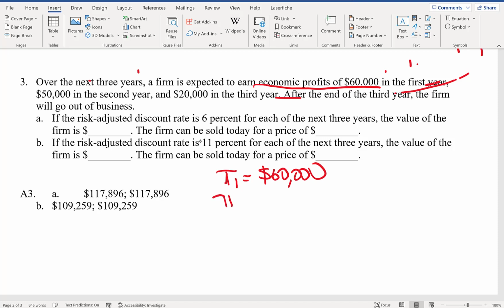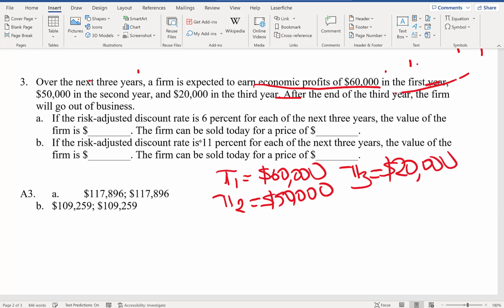Okay, profit 2 in year 2, it is $50,000. And in year 3, this firm makes $20,000. Okay? Alright, if the risk-adjusted discount rate is 6% for each of the next 3 years, the value of the firm.